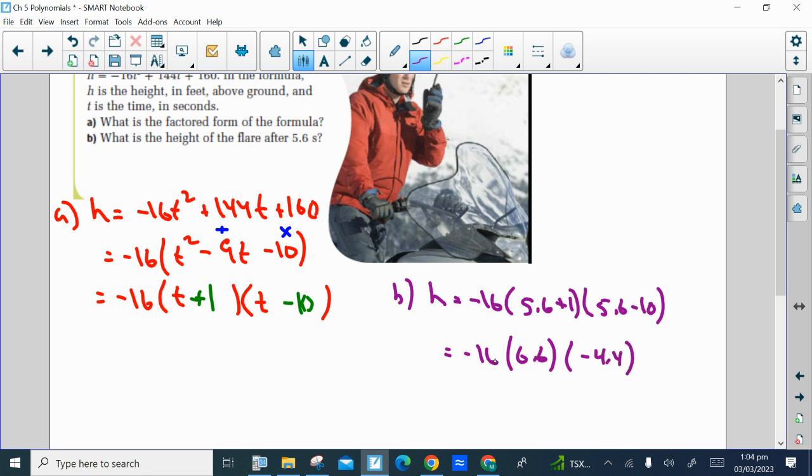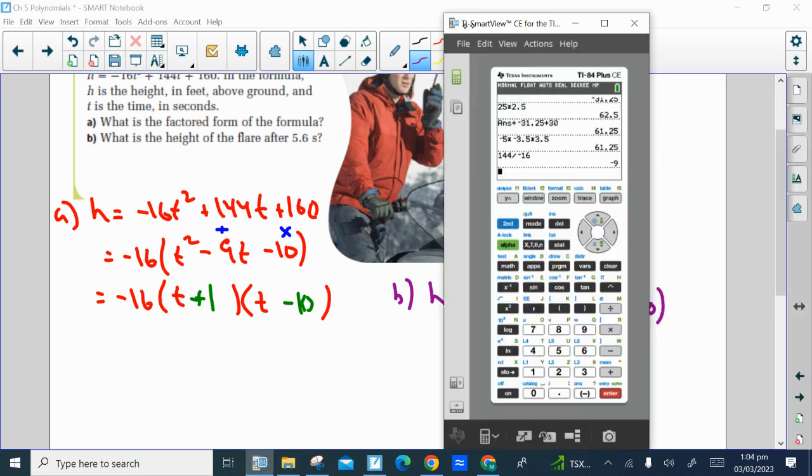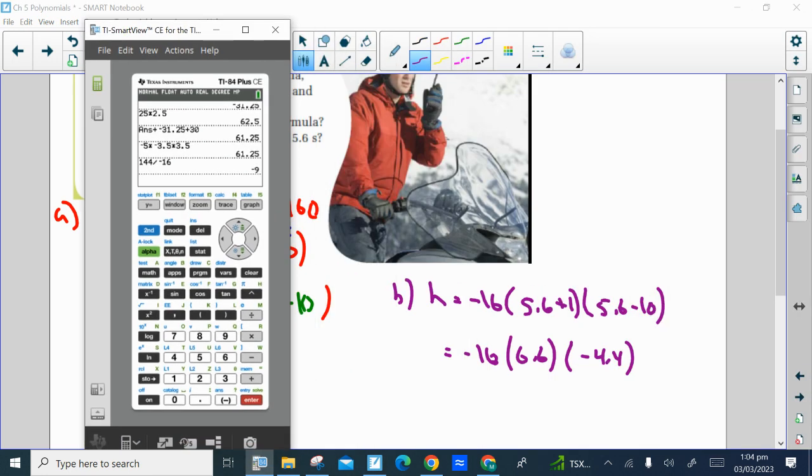So now we'll multiply these three numbers together to get the height of the flare after 5.6 seconds. So negative 16 is the first factor times 6.6 and negative 4.4. So there's your answer.